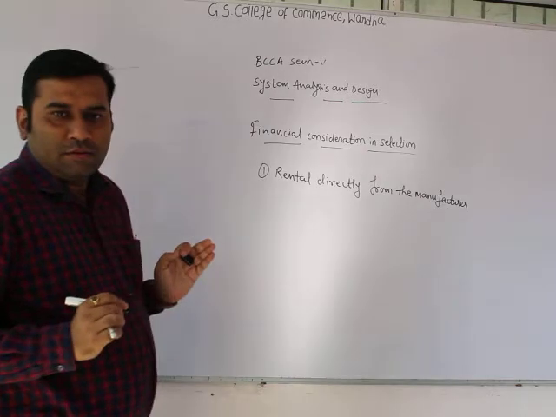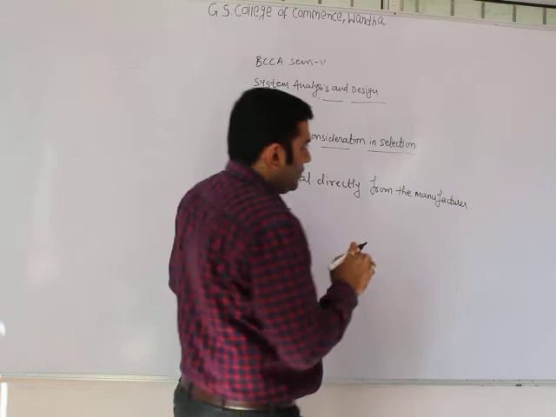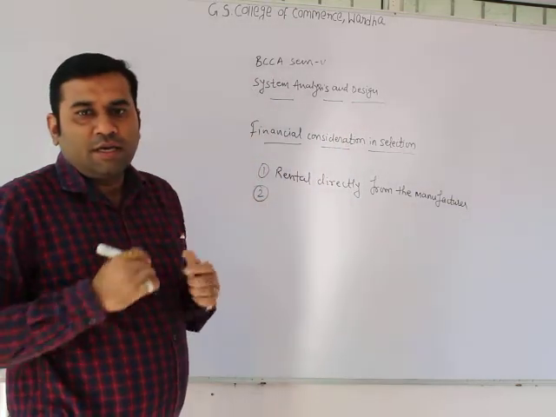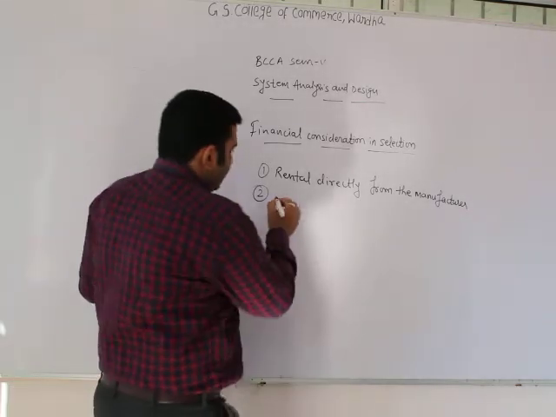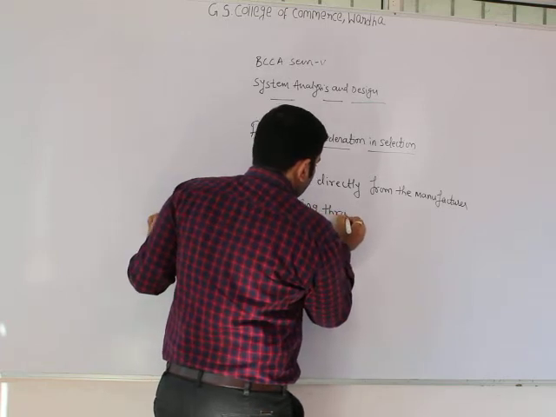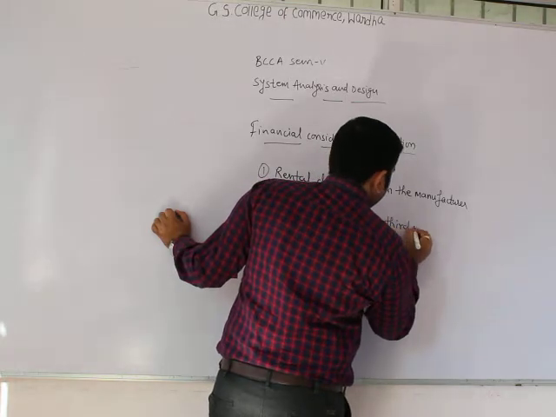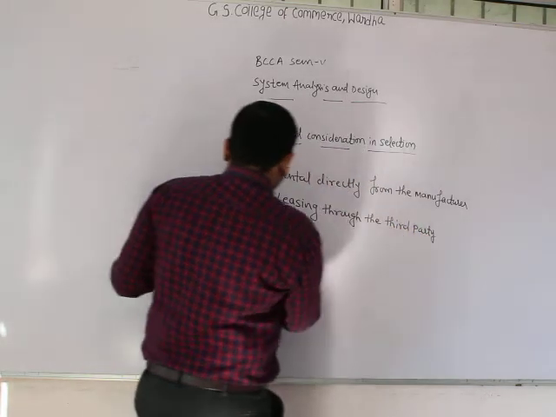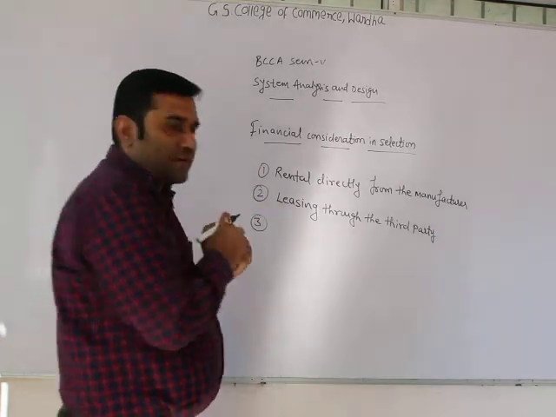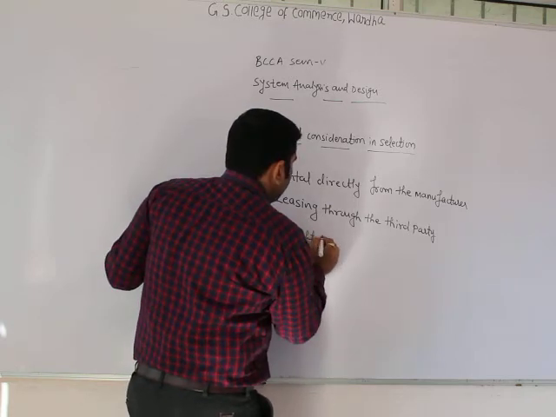Second is leasing through a third party. And the third option is the outright purchase.